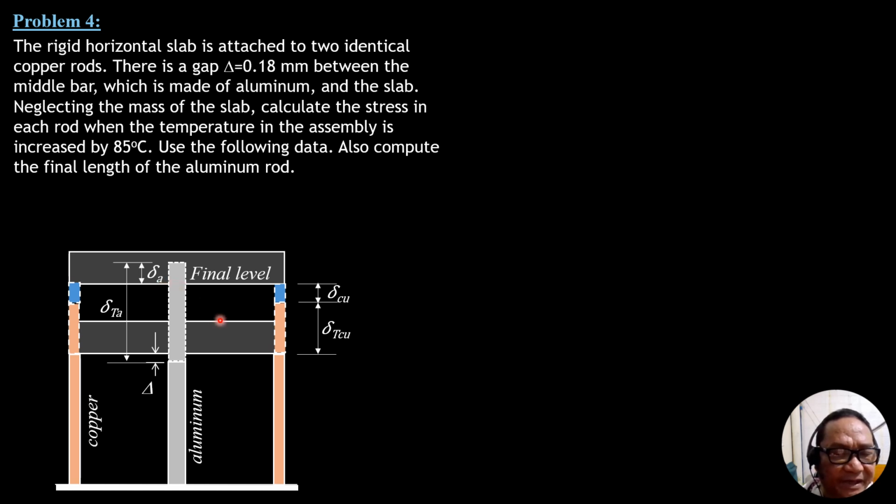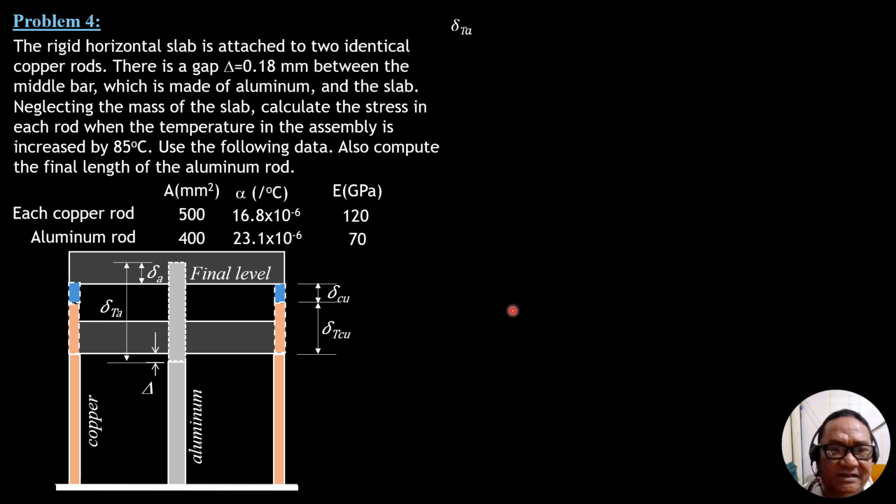So from the figure, our equation is delta T of aluminum minus delta, which is 0.18, minus delta A due to stress in aluminum equals this remaining deformation, which is delta Cu due to stress in copper rods, and this is delta TCu due to thermal expansion of each of the copper rods.